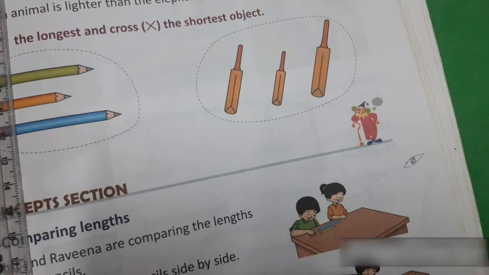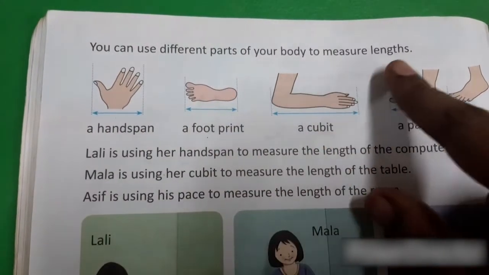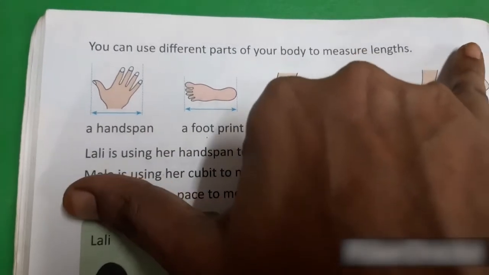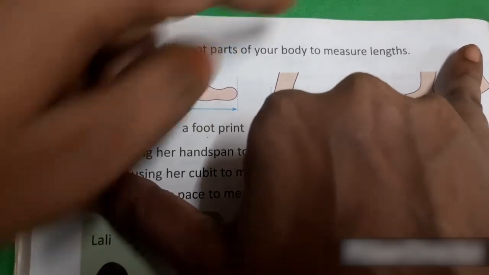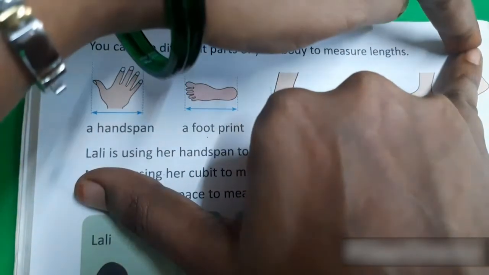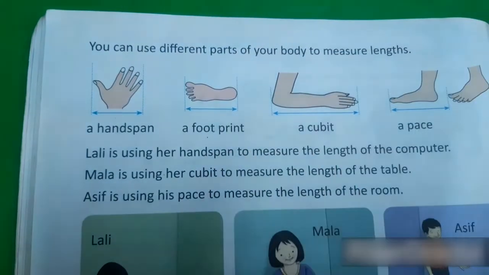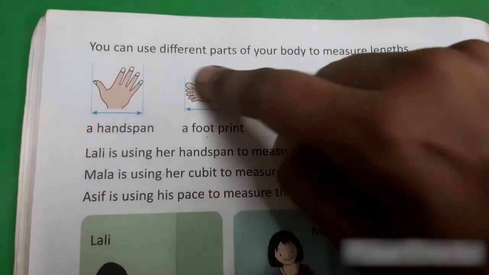Now you can use different parts of your body to measure lengths. This is hand span. This is from this to the tip of the small finger. This is called a hand span. A footprint, that is your foot, right?